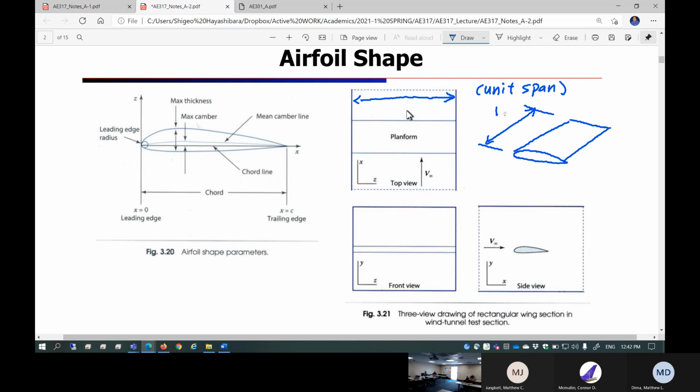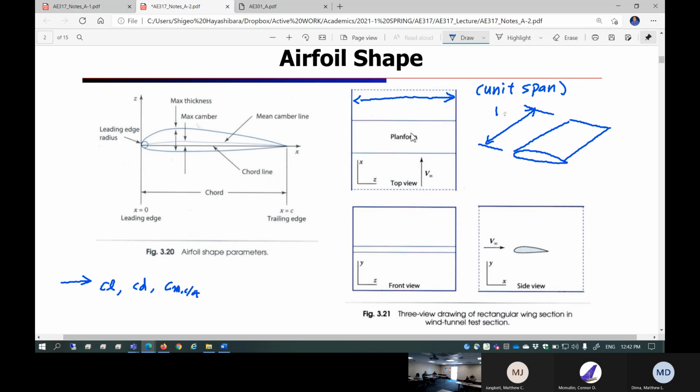Then you are going to normalize it by dynamic pressure and the chord length, which gives you the lift, drag and moment coefficients of the 2D cross-section, right? That's what you're going to find out doing wind tunnel testing. CL, CD, CM, typically quarter chord, that's what you're going to get.